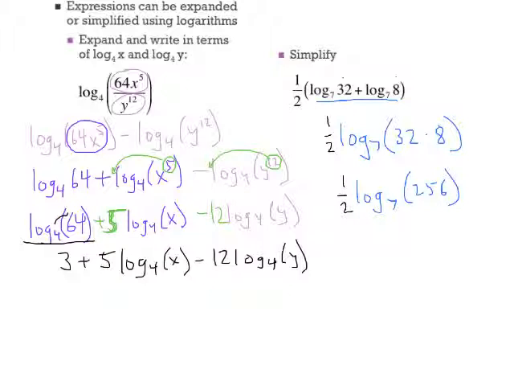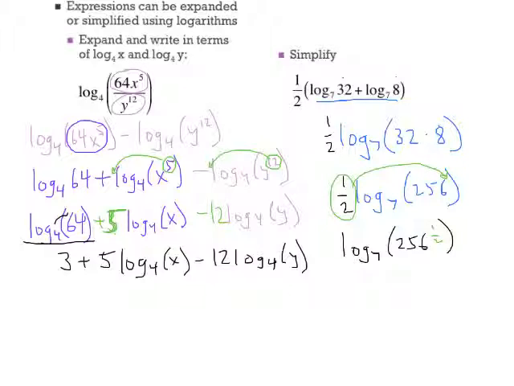So that 1/2 as a multiplier, last time we had multipliers, they came from exponents. Let's take that 1/2 and put it back inside as an exponent. And so this would be log base 7 of 256 raised to the 1/2 power, which is the same thing as the square root of 256.